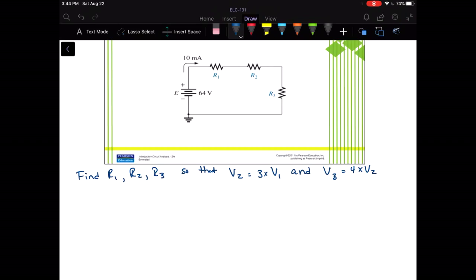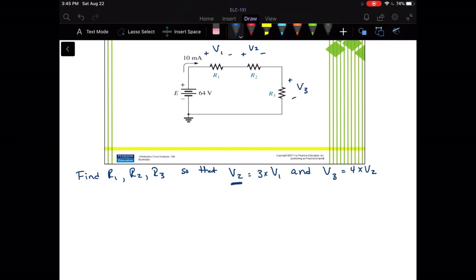All right, so what does that even mean? Okay, so that means if this voltage drop is V1, then this voltage drop should be V2, and this drop would be V3, right?